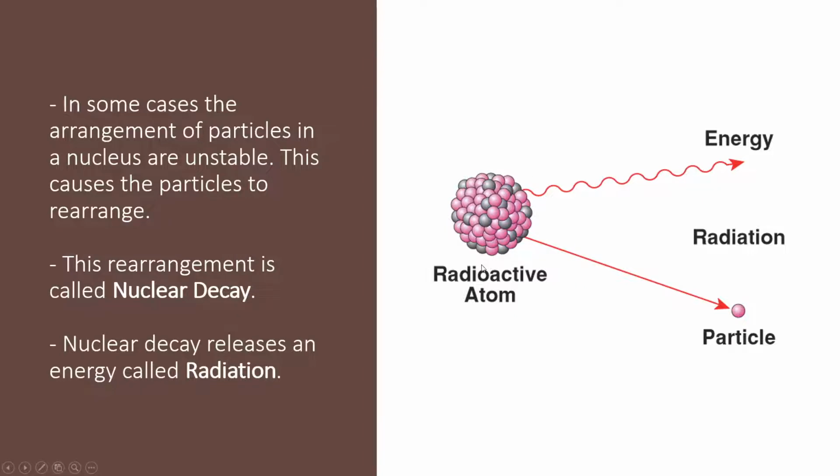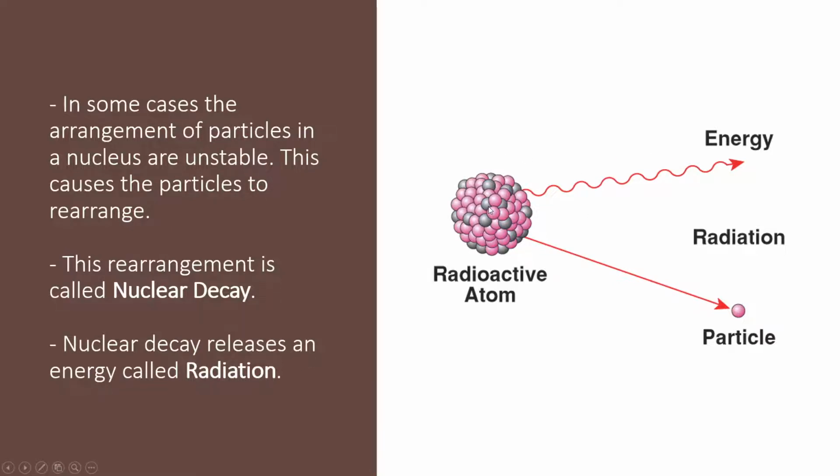For it to become stable, it's going to need to change how many of its protons or neutrons are in the nucleus in some way. So it's going to either release some form of particle or some form of energy to try and get that mass here, the nucleus, to be stable.